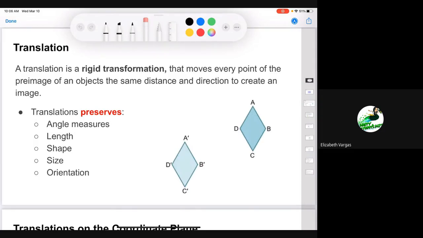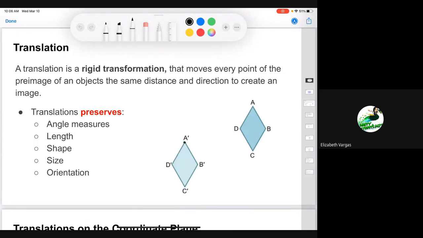So it's a rigid transformation that moves every point of the pre-image of an object the same distance and direction to create an image. So therefore, the translation preserves the angle measures, the length, the shape, the size, and the orientation. So in this instance, the orientation is preserved because we're not doing any flipping of it or any turning of it. It's just slid from one spot to the other.